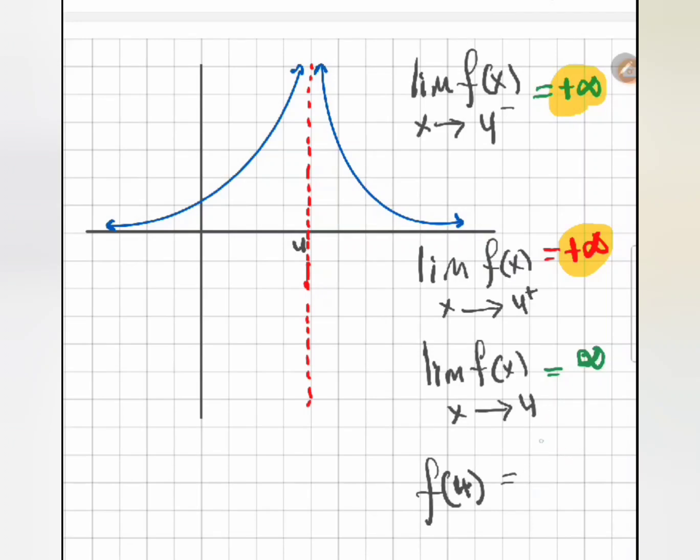So infinity really doesn't exist. It's just a way of describing what happens as x approaches 4. That is, the curve gets bigger and bigger and bigger. The y value, that is, it gets higher and higher and higher. And we know that f of 4 is undefined. It doesn't exist. We don't have a closed circle at x equals 4.